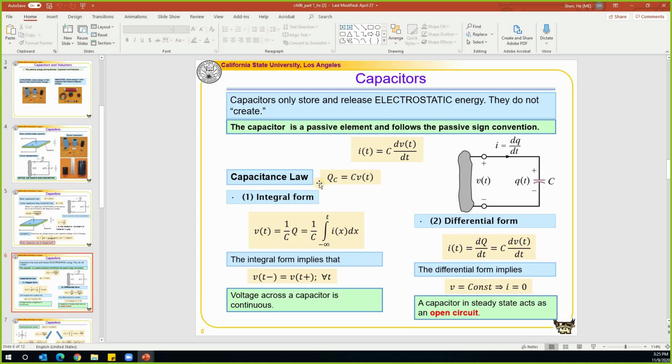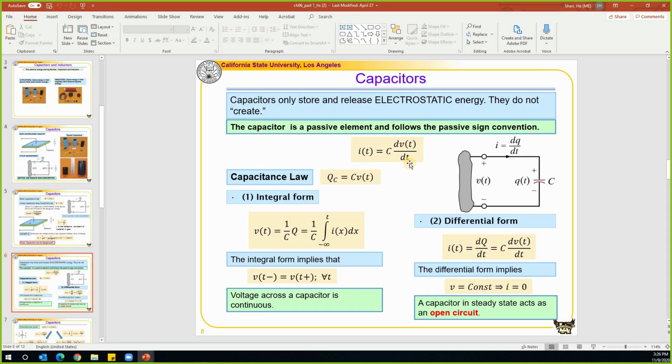So this equation is derived from the capacitance law. This equation is very important, and for all the calculations related to capacitors, you will need it. The current going through this capacitor is equal to the capacitance C times the rate of change of the voltage.